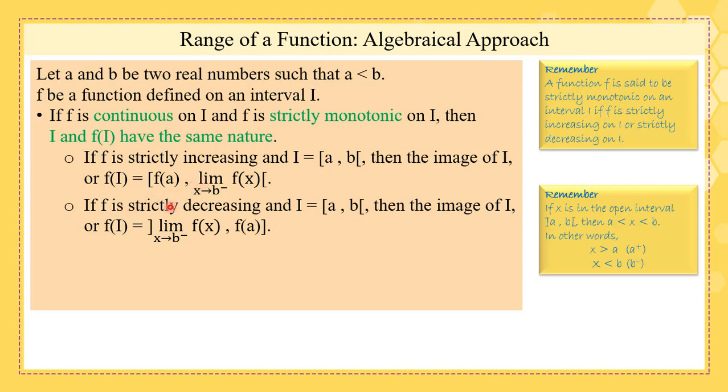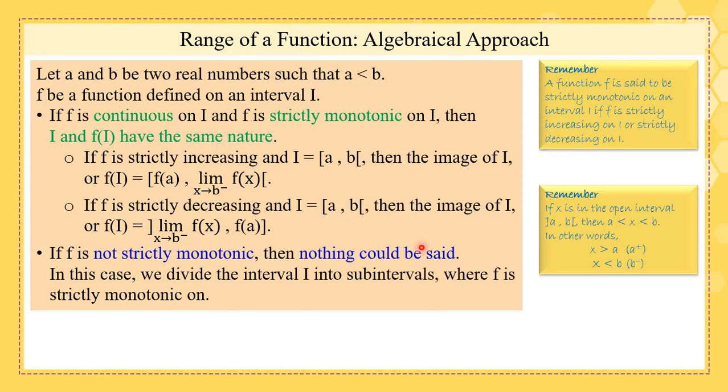Whereas if f is strictly decreasing, we can say that f of I is the limit as x tends to b plus and then f of a closed, so we flip the boundaries. We can also say that if f is not strictly monotonic, then nothing could be said. In this case, we divide the interval I into subintervals where f is strictly monotonic on each of these subintervals.